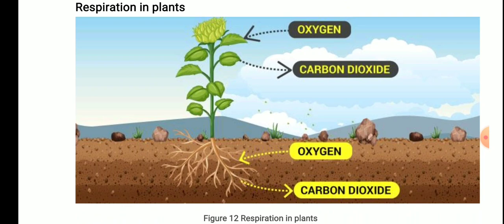First is the leaves, where the exchange of gases takes place. Oxygen is being taken and carbon dioxide is being released, and oxygen is being taken by the roots and carbon dioxide is being released by the roots. But yes, definitely carbon dioxide is also taken and oxygen is released when we talk about photosynthesis. But it does not mean that plants do not take oxygen.